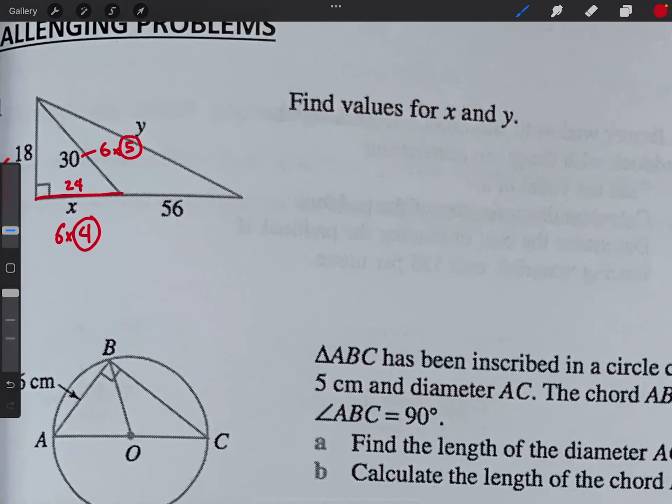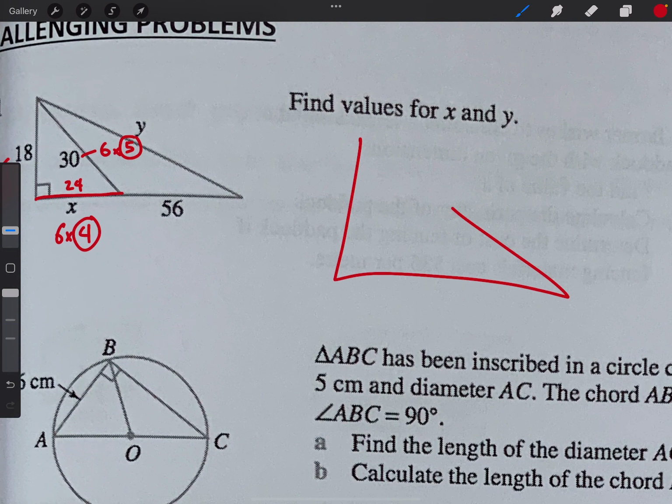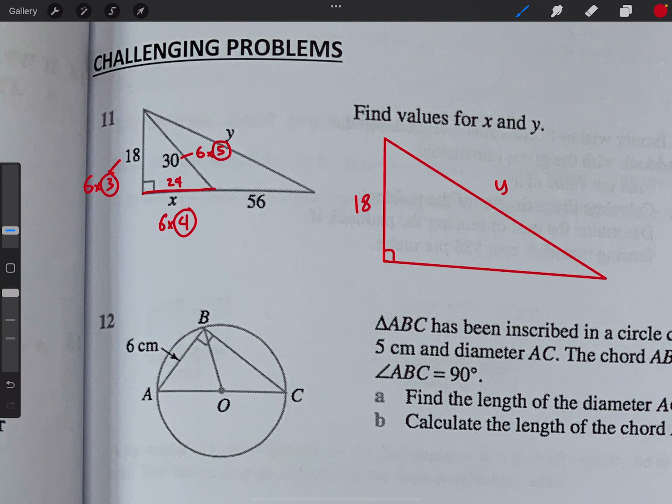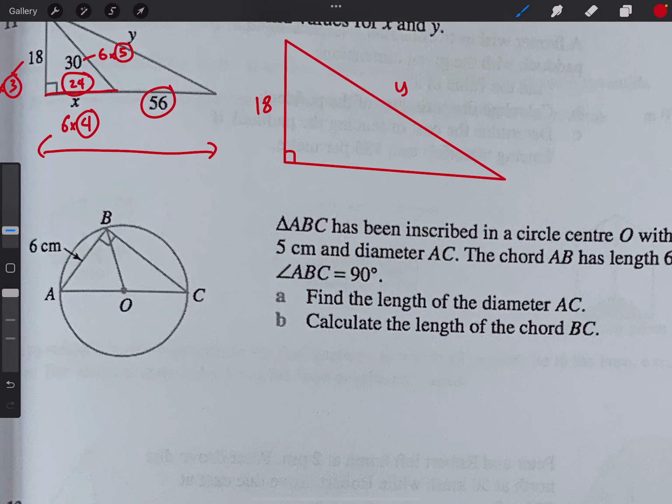So I'm going to redraw this triangle. Oh, this is a bad drawing. Okay. Now we know this is 18. Now this is y, and I want to find this distance here. This will be 24 plus 56, so 24 plus 56 will be 80. Okay, what's y?